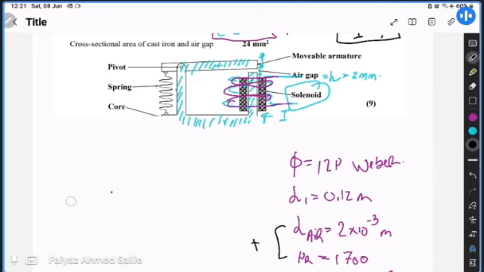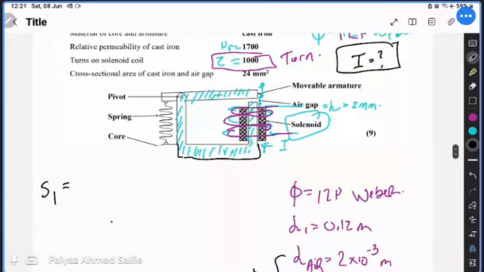So let's do the first one. The reluctance 1. What is 1? 1 is the material itself, right? So we're going to have the length over the permeability of A multiplied by the permeability of the material, and then we're going to take the permeabilities of both of them and multiply it by the area.